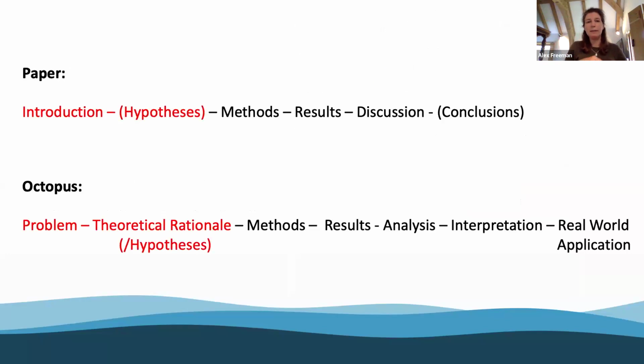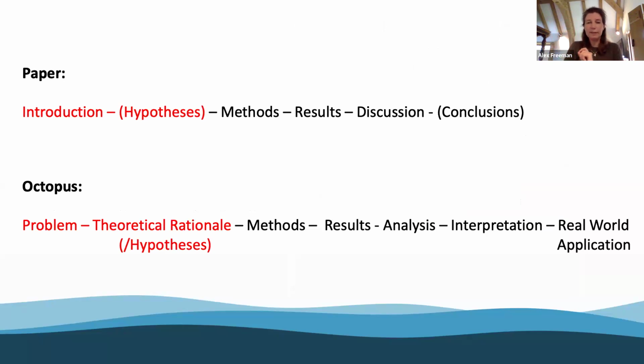As I've said, the first thing to think about is that Octopus publications don't have this paper structure where you have an introduction. Instead, you have a research problem and then the rationale and hypothesis of how you're going to approach that problem.